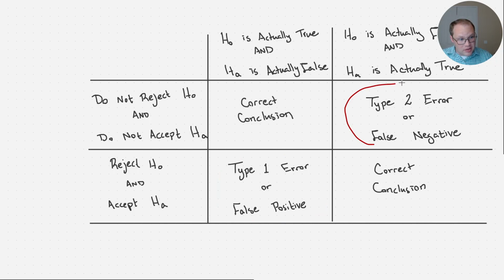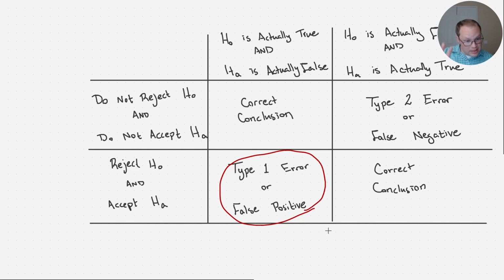In this case, you don't take that medicine that can save your life because you don't think you have that illness, okay? When in fact you do. In the case of a type 1 error, you get tested, it says you have an illness, but in fact you don't. So you end up taking the medicine, maybe you have some nasty side effects, but you're still going to be okay at the end of the day, okay?